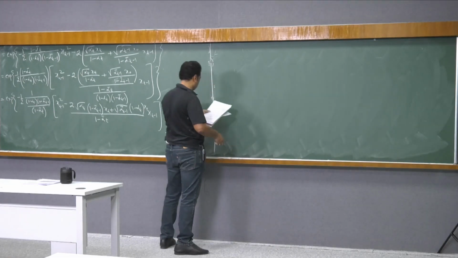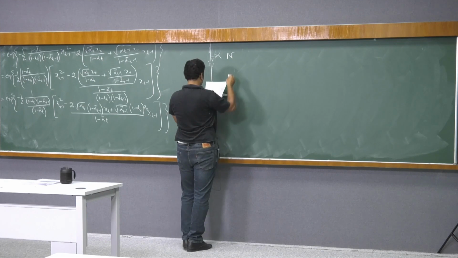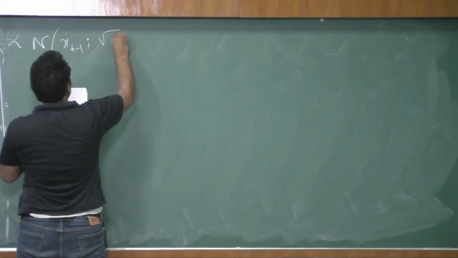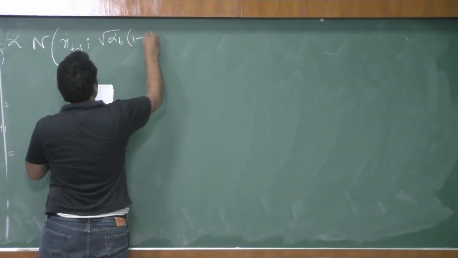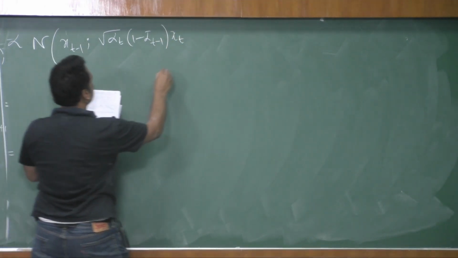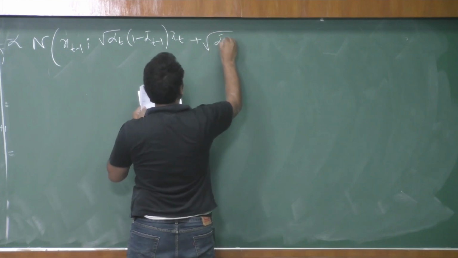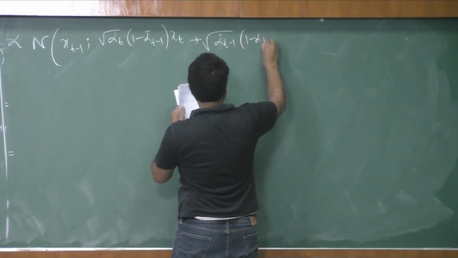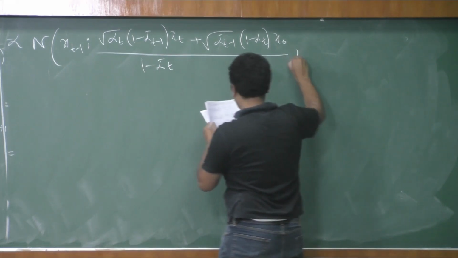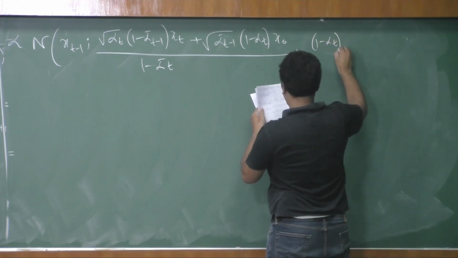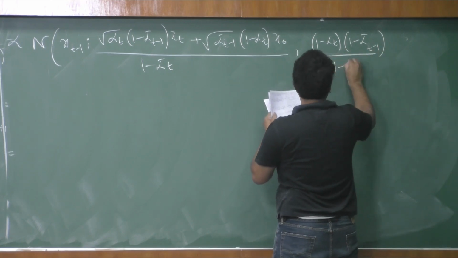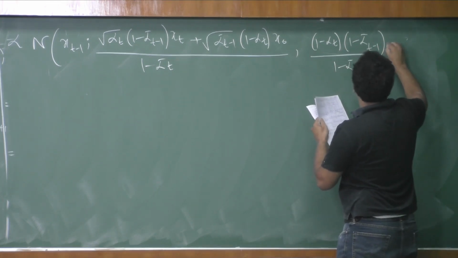So our proposal is that this is a normal distribution over x_{t-1} with mean square root of alpha_t (1 minus alpha bar_{t-1}) x_t, plus square root of alpha bar_{t-1} (1 minus alpha_t) x_0, divided by (1 minus alpha bar_t), and the variance is (1 minus alpha_t)(1 minus alpha bar_{t-1}) divided by (1 minus alpha bar_t). Okay, so this is our proposal.